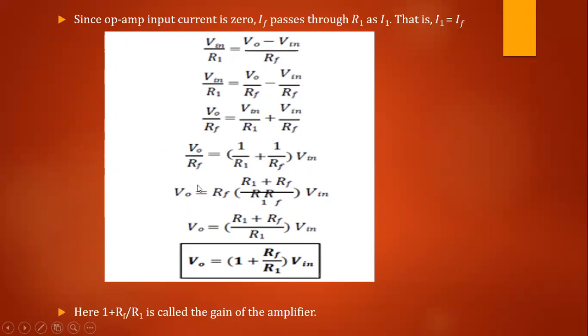So therefore V0 is equal to RF into (R1 plus RF) divided by R1 RF into V in, or V0 is equal to (R1 plus RF) divided by R1 into V in, or it is equal to 1 plus RF by R1 into V in. Okay. Output voltage V0 is equal to 1 plus RF by R1 into the input voltage V in.